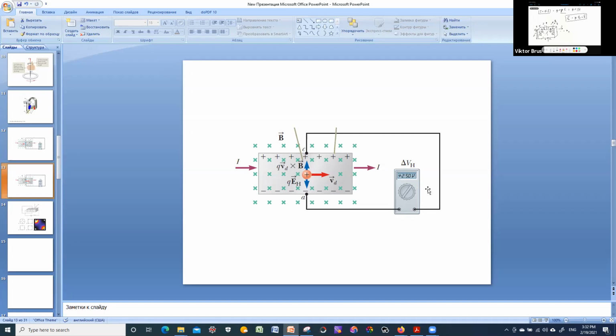We can define by which charge carriers the electric current flowing through this material is carried, either electrons or holes. So it's either N-type semiconductor or P-type semiconductor.